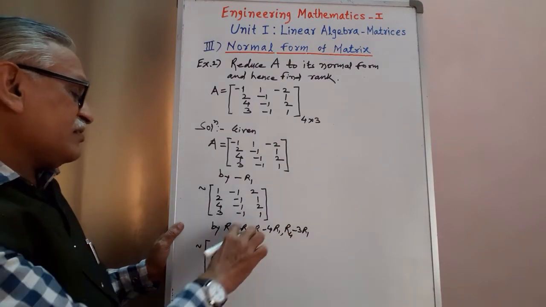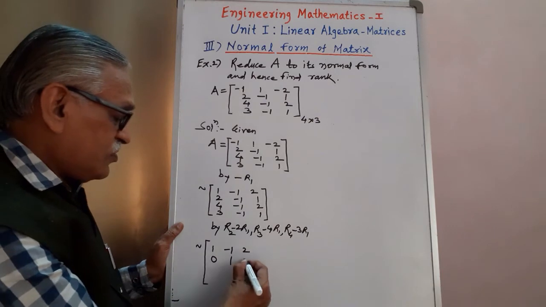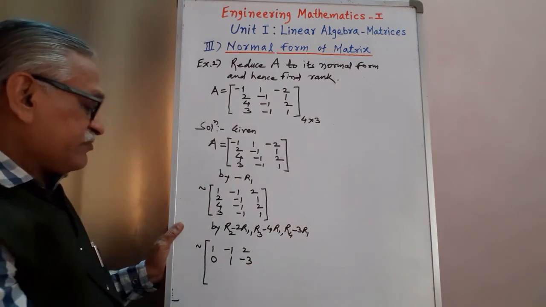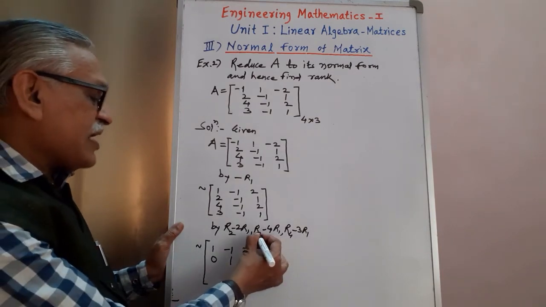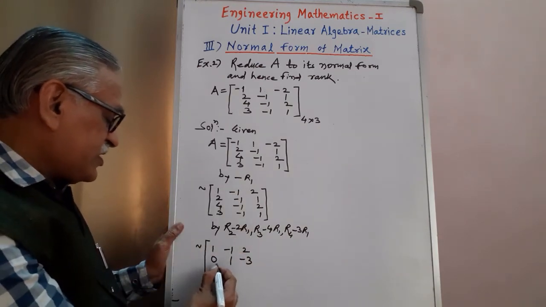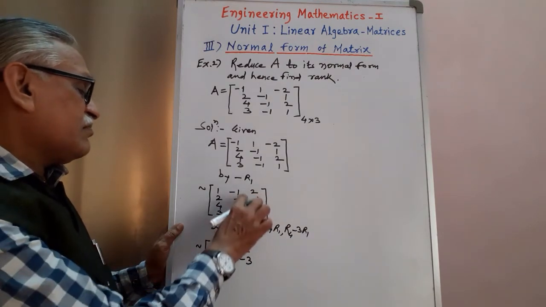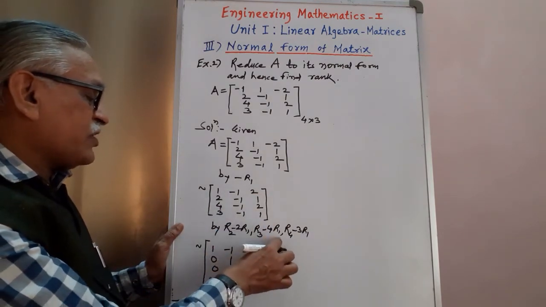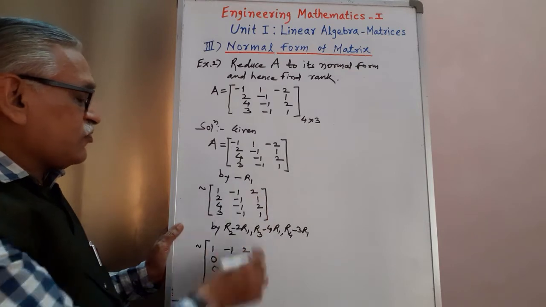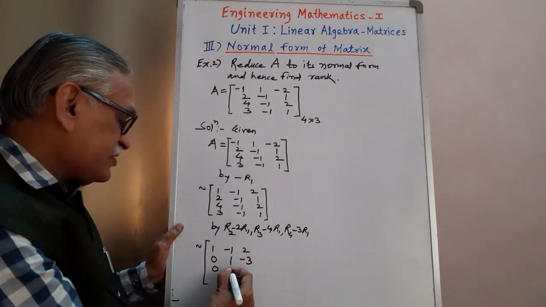Then 1 minus 2 times 2, 1 minus 4, we get minus 3. Next, R3 minus 4 times R1: 4 minus 4 times 1, 4 minus 4 we get 0. Minus 1 minus 4 times minus 1, minus 1 plus 4 we get plus 3.